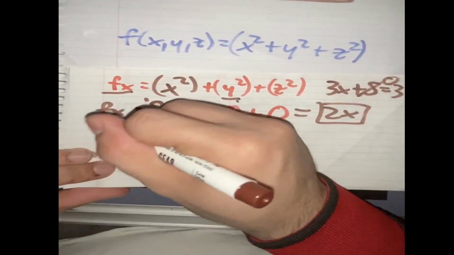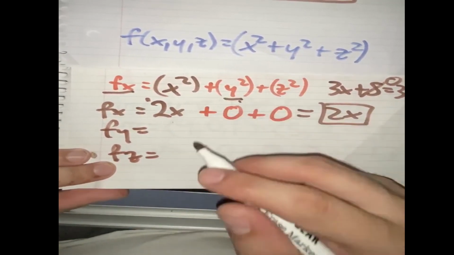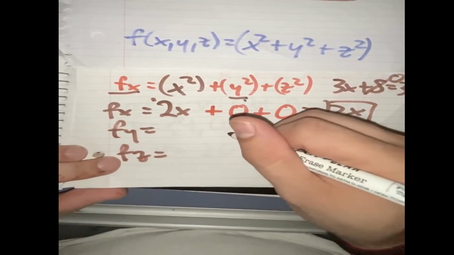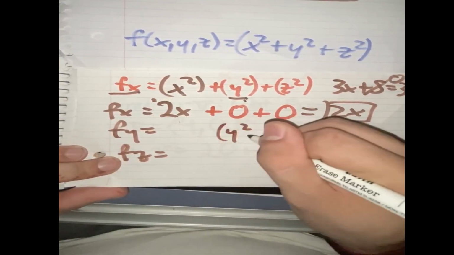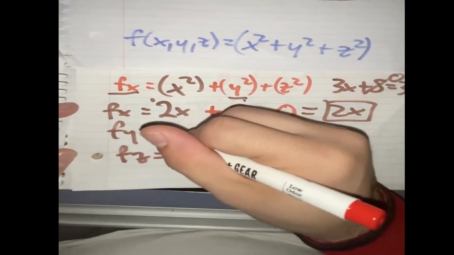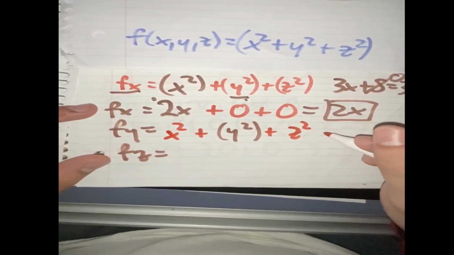Now similarly, for f of y and f of z, you do the exact same process, which I will do real quick for you. In this case, our y squared is what we are taking the derivative of. The constants that I'll color code in red are z squared and x squared.